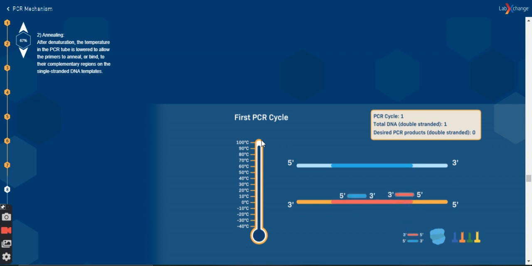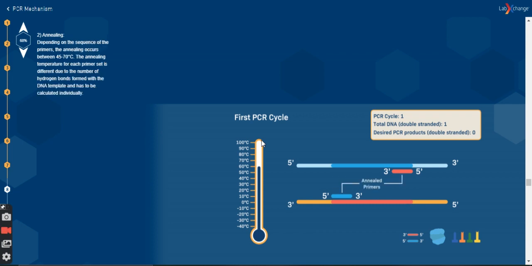After denaturation, the temperature in the PCR tube is lowered to allow the primers to anneal or bind to their complementary regions on the single-stranded DNA templates. Depending on the sequences of the primers, the annealing occurs between 45 to 70 degrees Celsius.